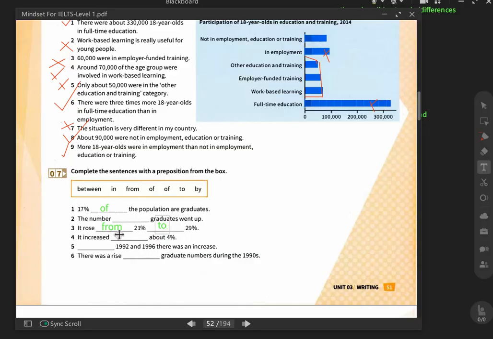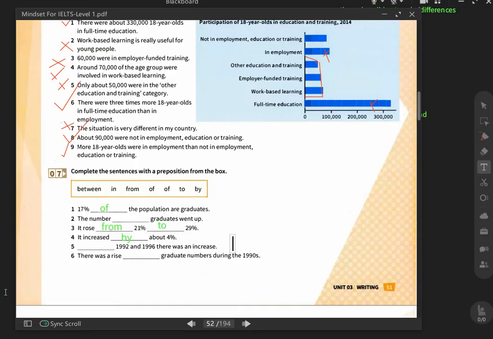It increased by. Increased by about 4%. So increased by. And between, yes, 1992 and 1996, there was an increase.